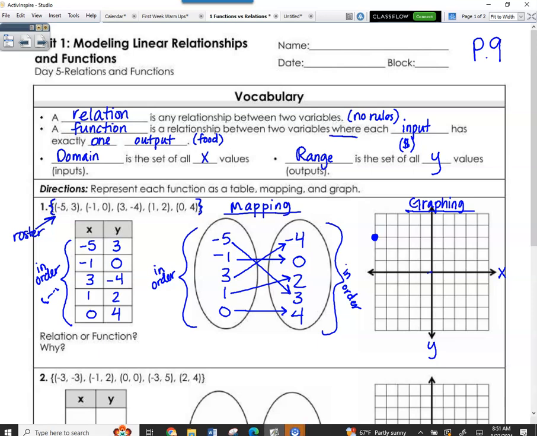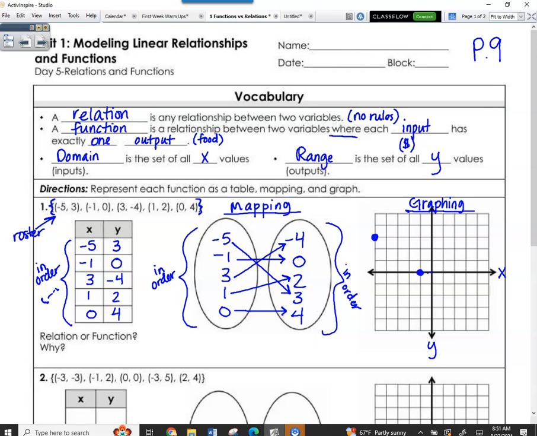Next, we're going to graph -1, 0. So from the origin, -1 means left 1, 0 means no up or down. 3, -4. From the origin, we're going to hover.